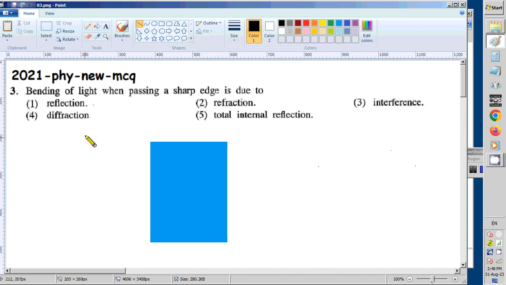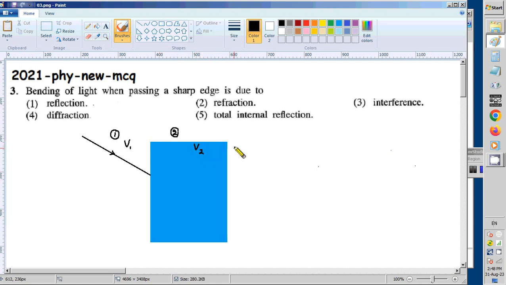If there is an incident ray like this falling on the boundary between these two mediums, we call this one medium 1 because the incident ray is here, and this one medium 2. So velocities must be different here. Say velocity v1 here, velocity v2 here.